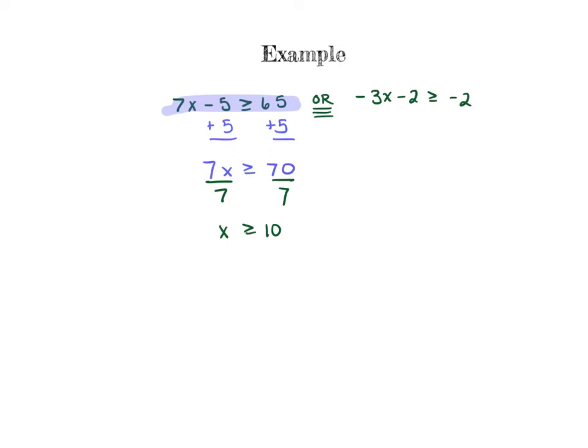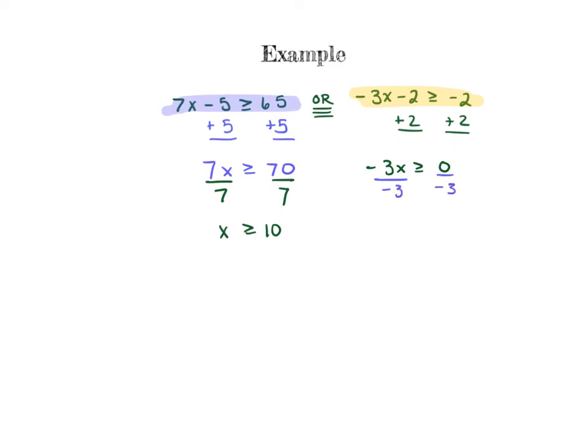The second part, another inequality, we just solve that. We'll add 2 to both sides, giving us -3x is greater than or equal to 0. We'll divide by -3.